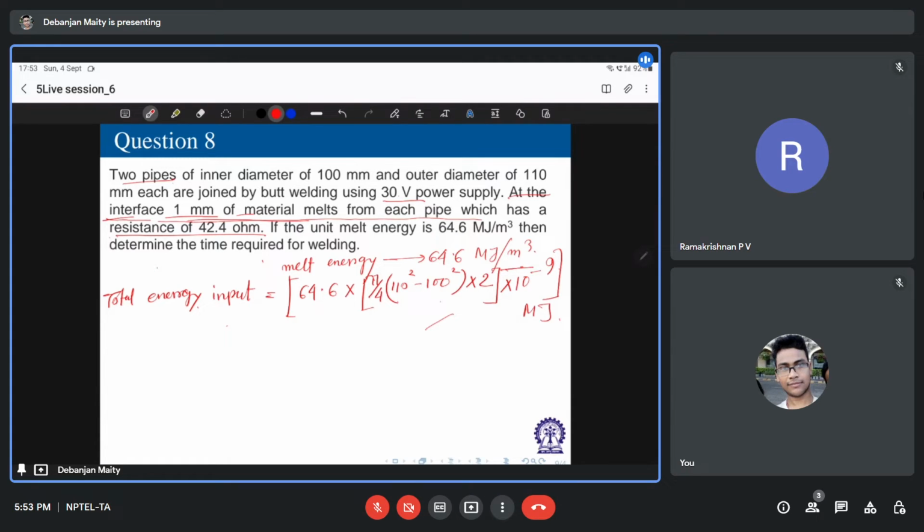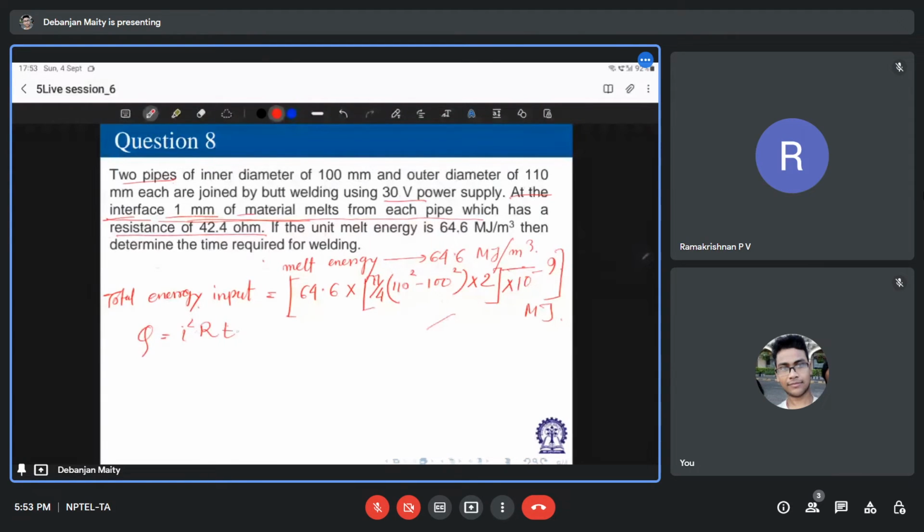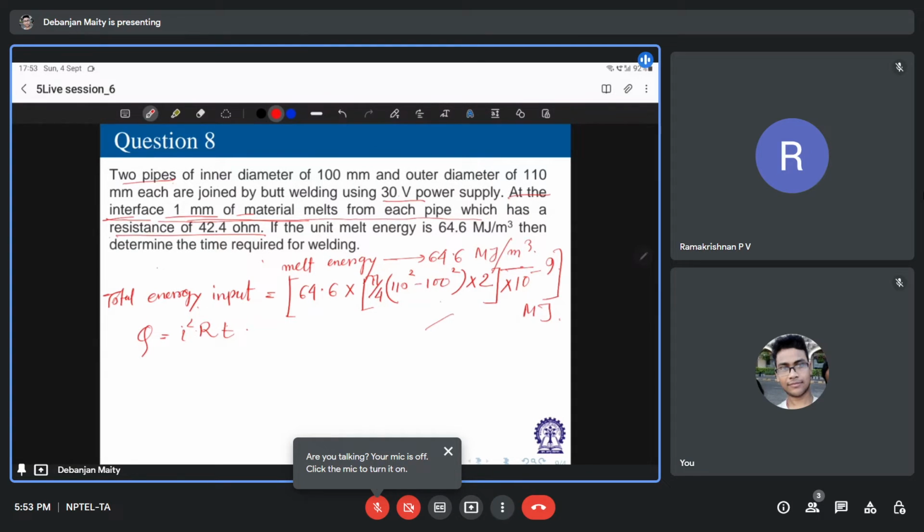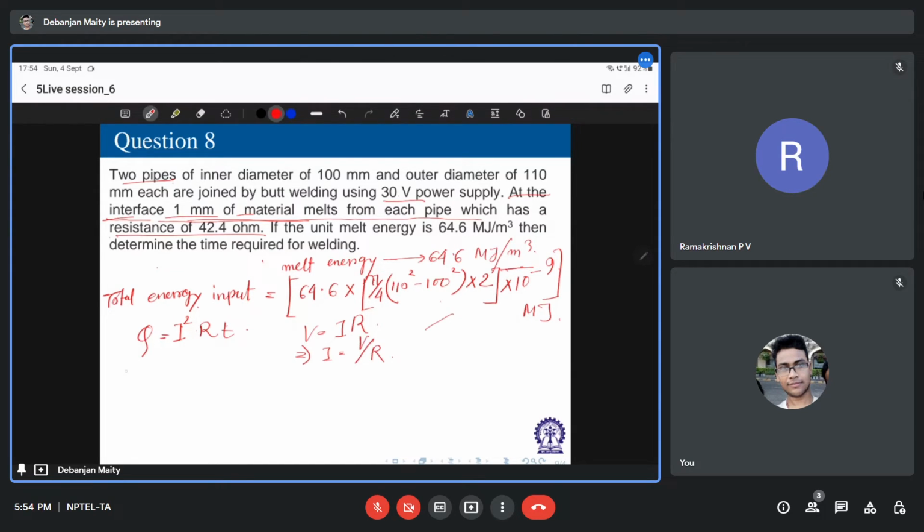Now if we have the total energy input, and again we know that Q is equal to I square RT, and V is equal to IR.